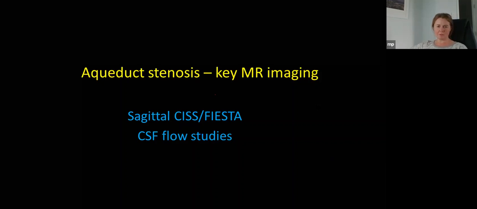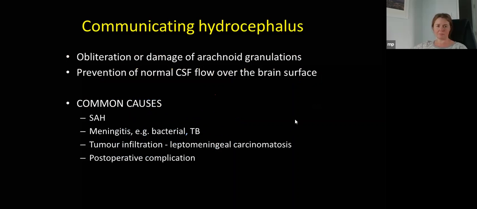Depending on the MRI machine, it's called CISS or FIESTA. On some machines it's called SPACE, and you can do CSF flow studies. So, we've done that, so obstructive hydrocephalus, look at the pattern, think of what imaging you would like to do next for further assessment.